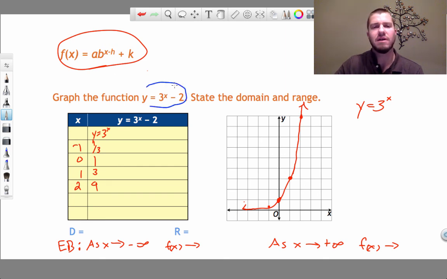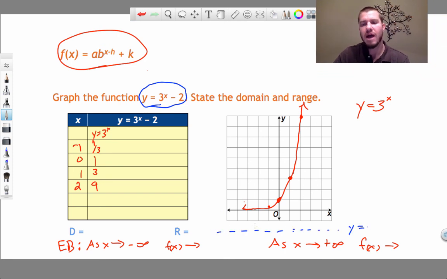To graph this function, the a, h, and k are all the same as they've always been. This minus 2 is my k, which means it's shifting down 2, which shifts the asymptote down 2. So my asymptote is at y equals -2. Now all these points shift down 2.